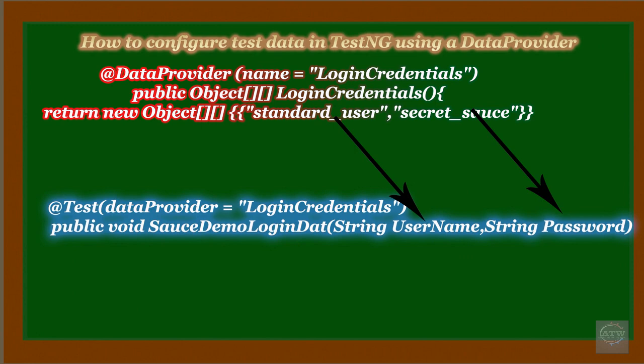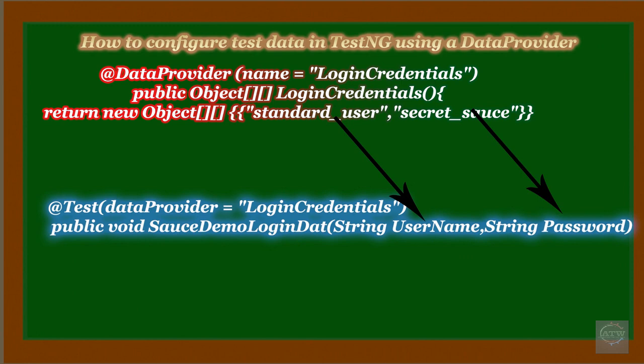If you see the syntax, it's public Object[][] loginCredentials, and it will always return a value in a two-dimensional array. In this case, standard_user and secret_sauce, these are the two values which it's going to send to the test method. So in this case, if you see, the standard_user will be passed to username and the secret_sauce will be passed to the password field.